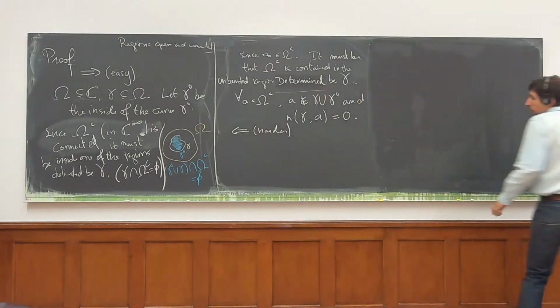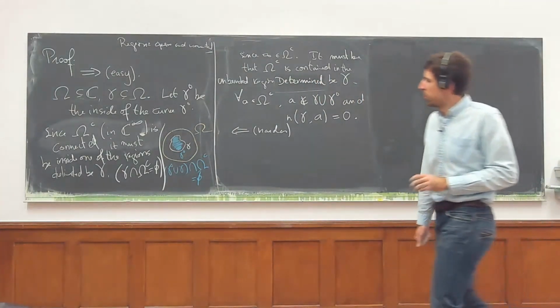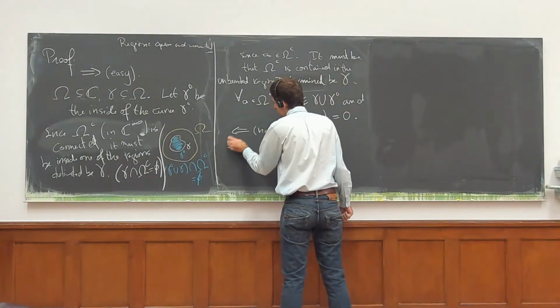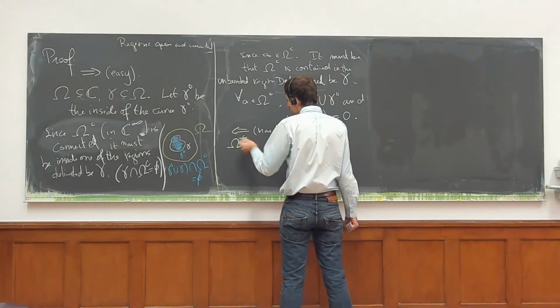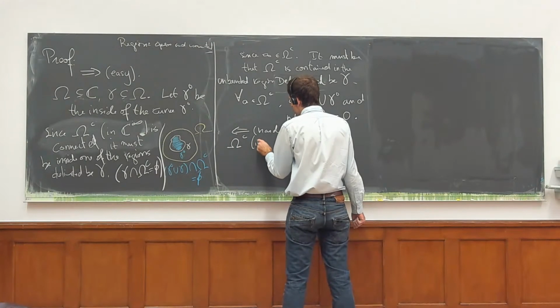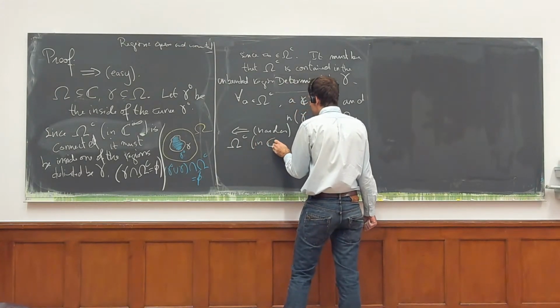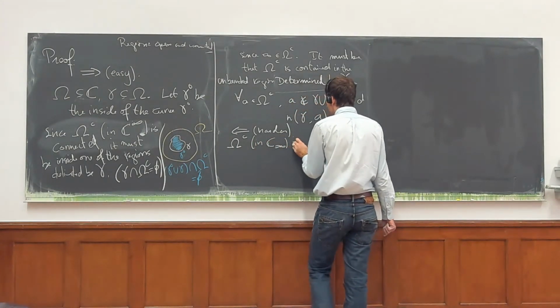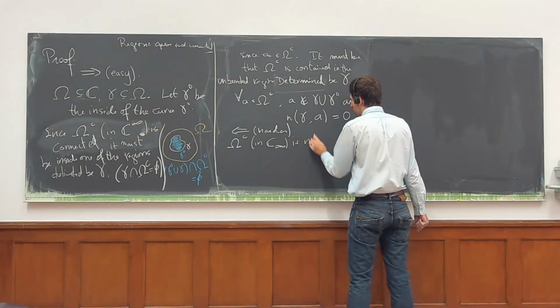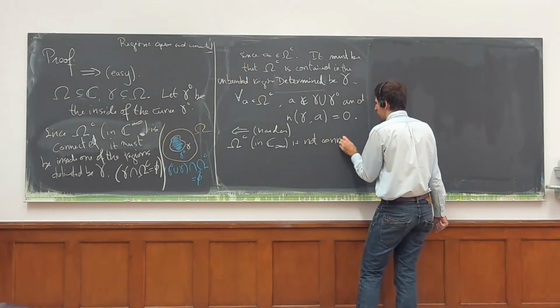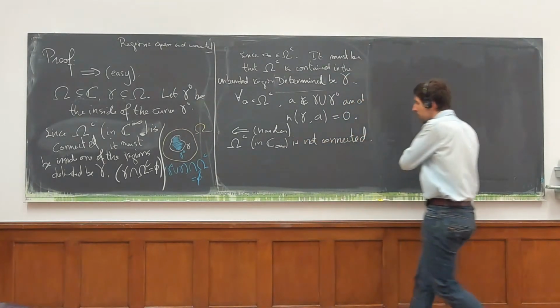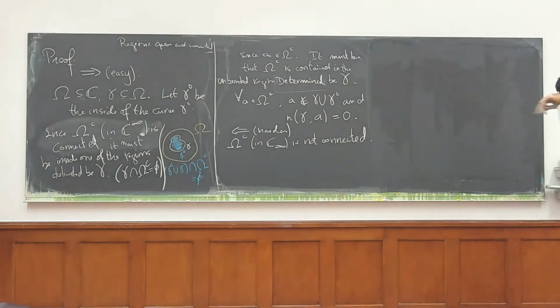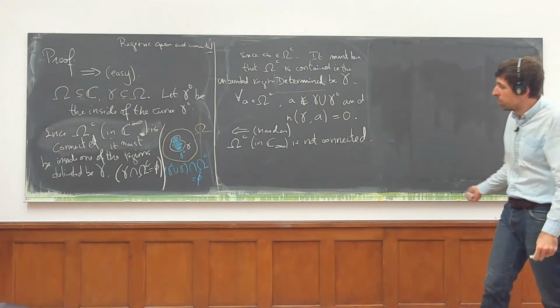Okay, so this is the harder part. So let's say that the complement of omega in C infinity is not connected. We know that the complement is closed, right?